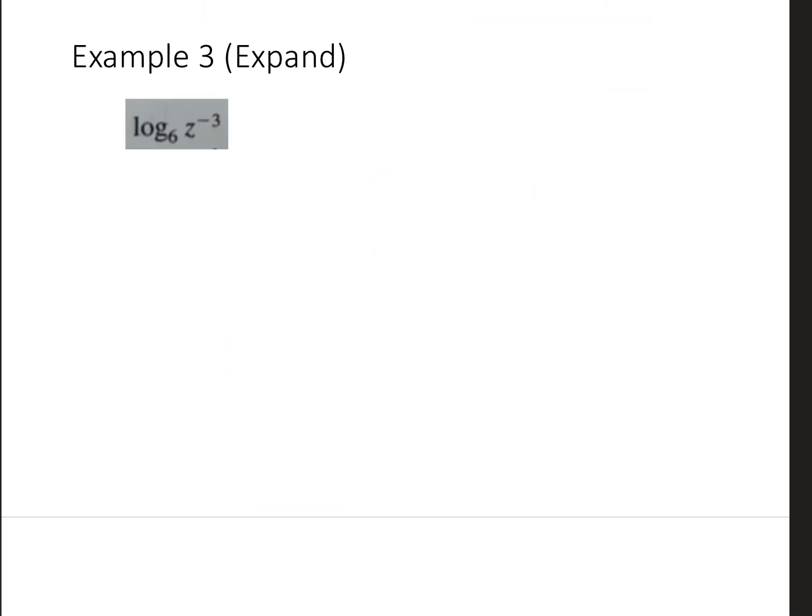Scooting it up for number 3. If you look on that chart, you'll see one that says the power property, and it says that I can take this exponent and put it out in front of the log. By doing that, you end up with an expanded version of the exact same log. That's it, that one's done.